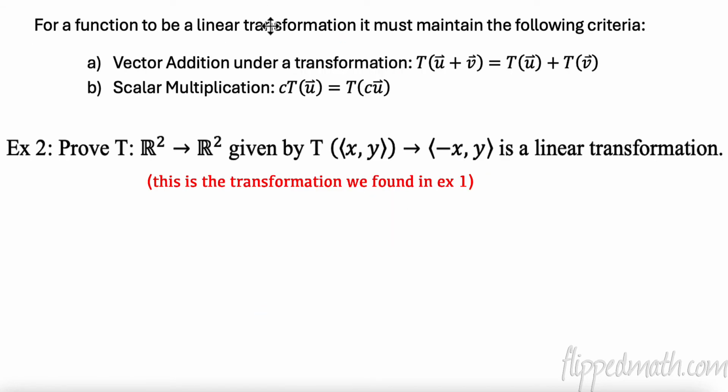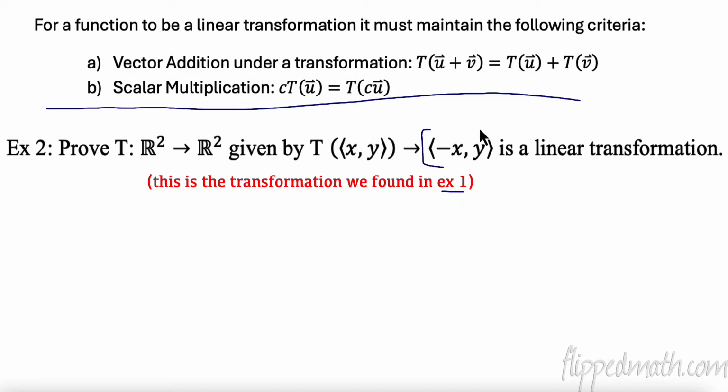I have this up here again so we could all see, but this is in your notes already. This is the transformation we found in example 1. We found that it was negative x, y. So the first thing we have to understand is, does this hold where I can add my vectors together and then transform them, and it's the same as the transformation of one plus the transformation of the other?